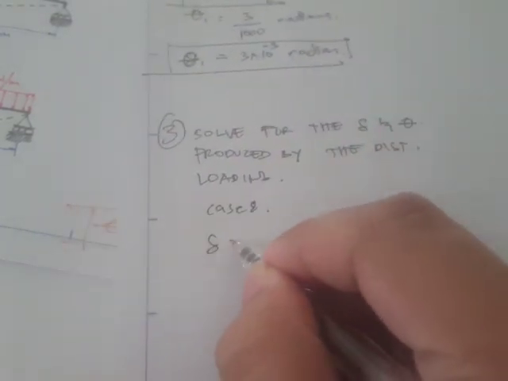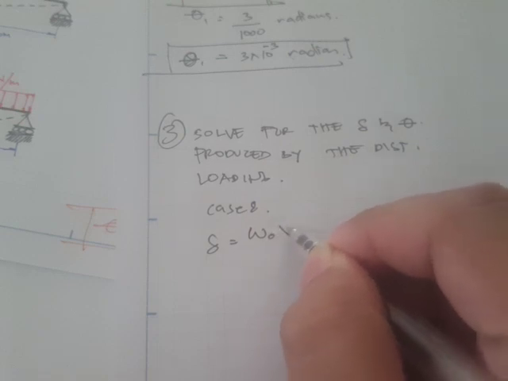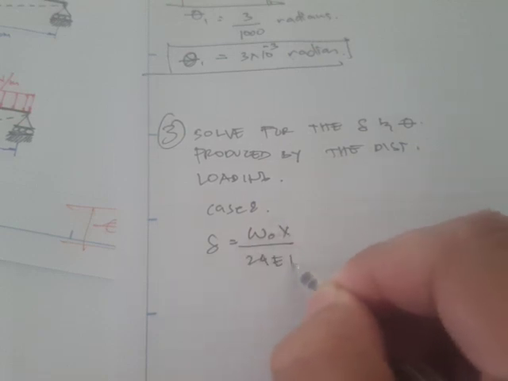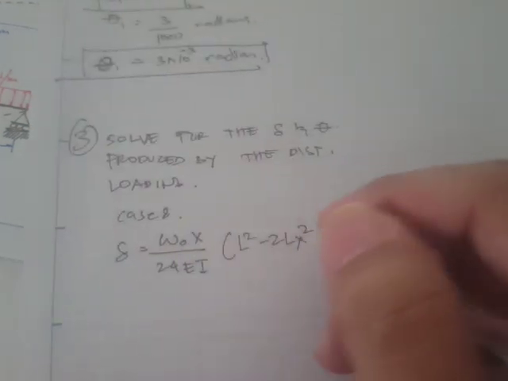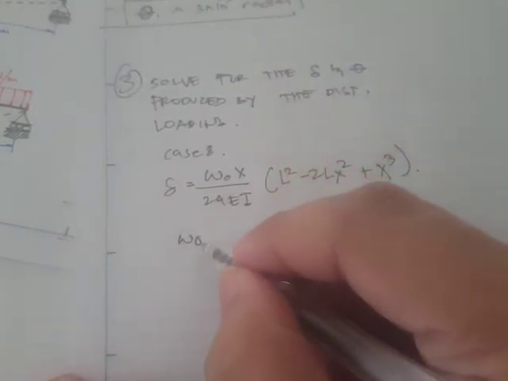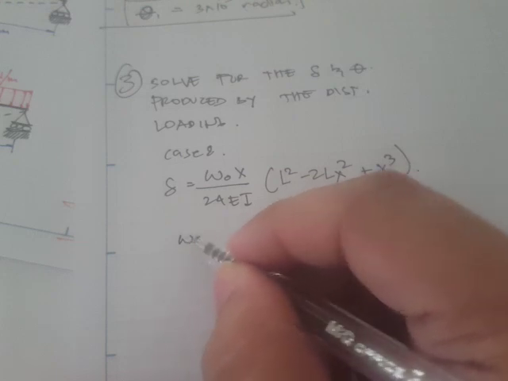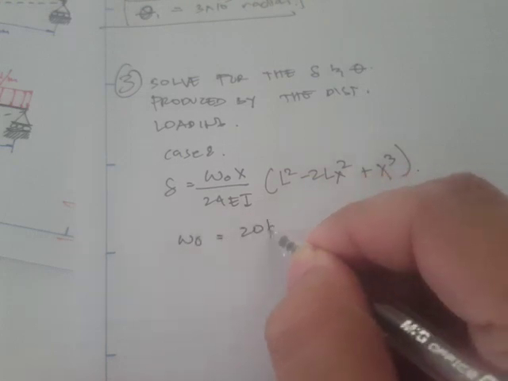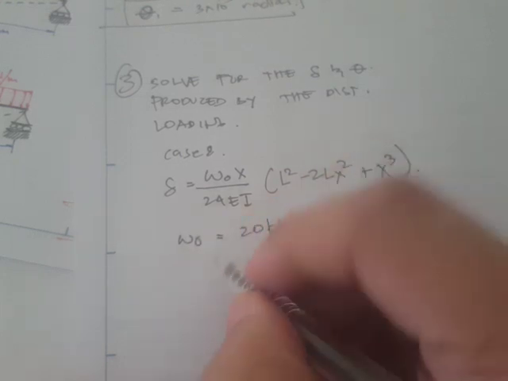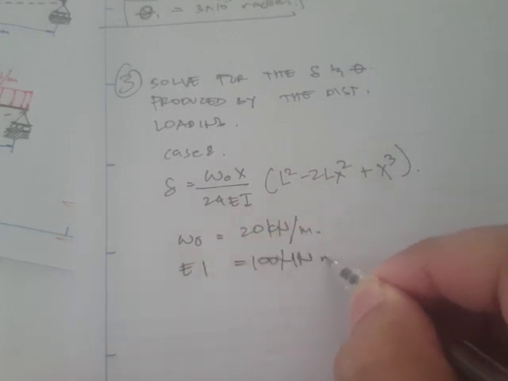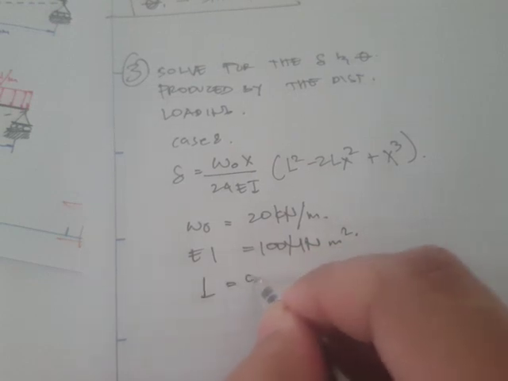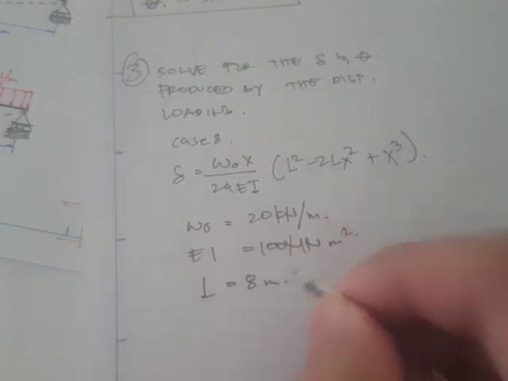The deflection equation is just this one, w x over 24 EI times L squared minus 2 L x squared plus x cubed. And the parameters are this distributed loading, 20 kN per meter, our EI is 100 meganewton meter squared, and the length is just 8 meters.